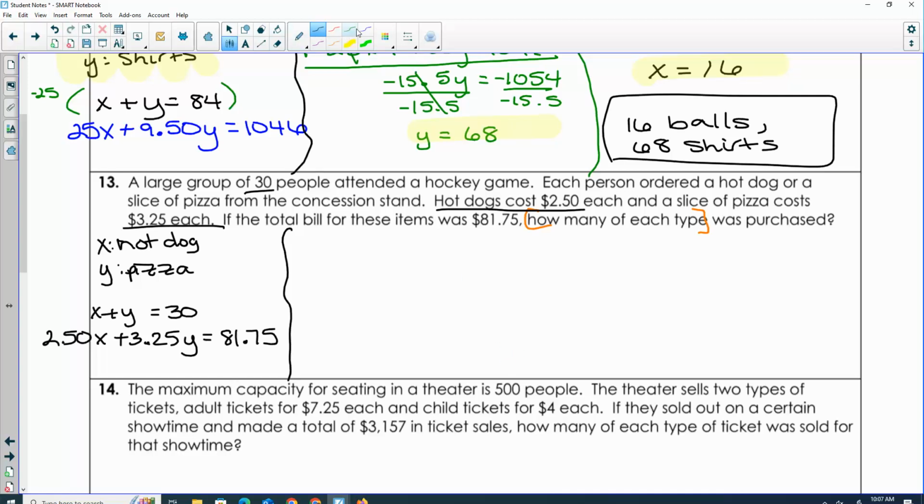Okay, so now we have to solve. Again, you can do substitution or elimination. Does anyone prefer substitution? We like elimination, so I'll keep going with that. If I want to eliminate, it doesn't matter which one. If I want to eliminate X, what would I do?